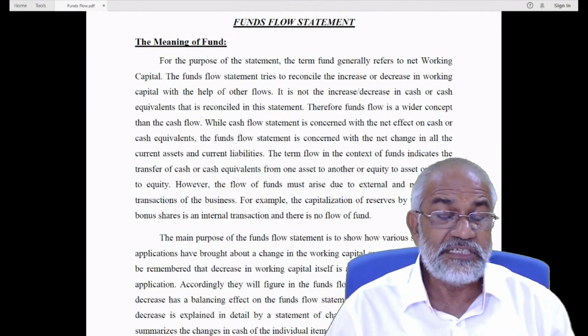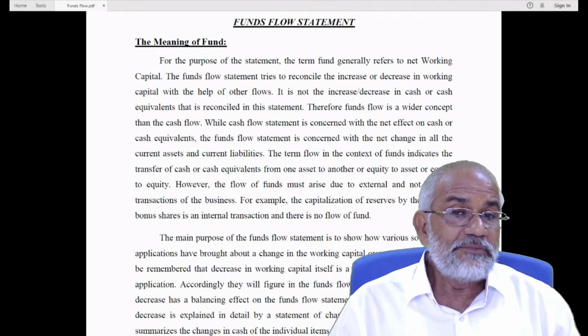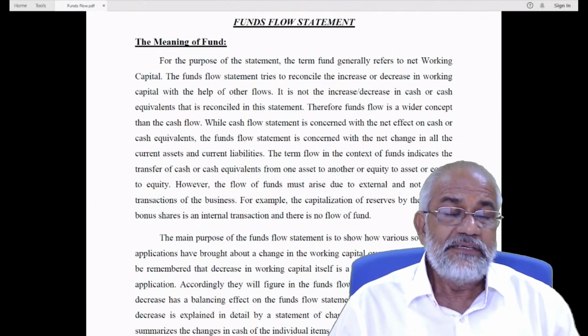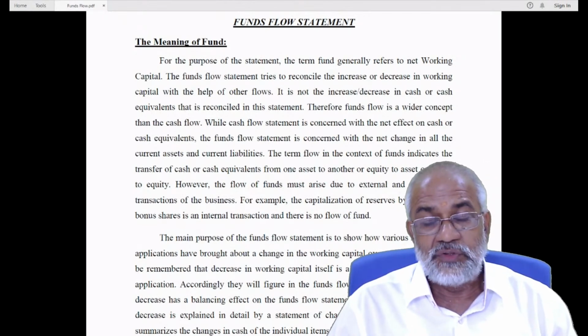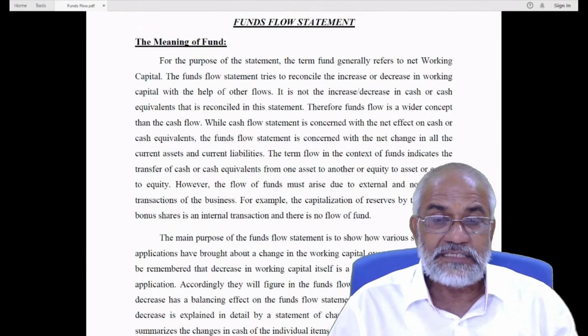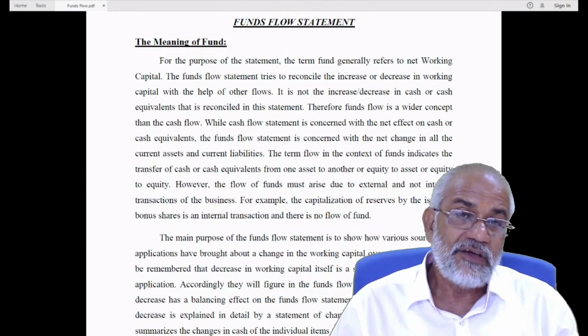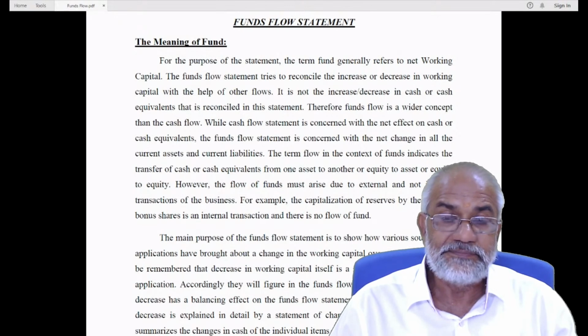So what is it in actuality? The meaning of the term fund exactly is the net current asset, which is otherwise called the free current asset, or the excess of current assets over current liabilities, or current assets minus current liabilities, or in other words, the net working capital.